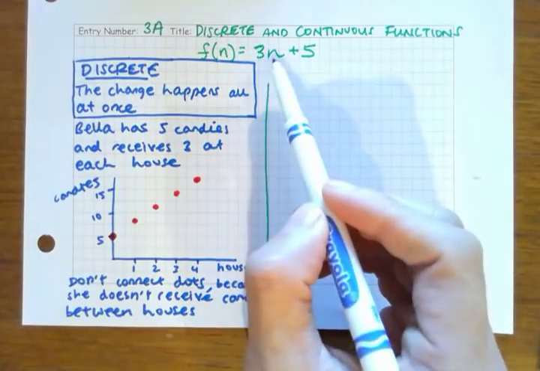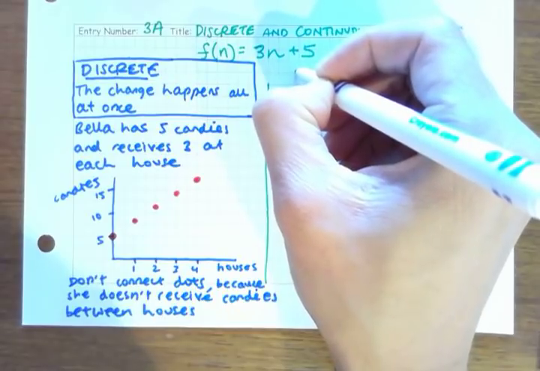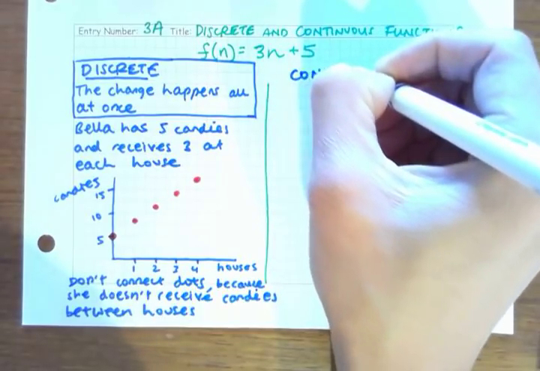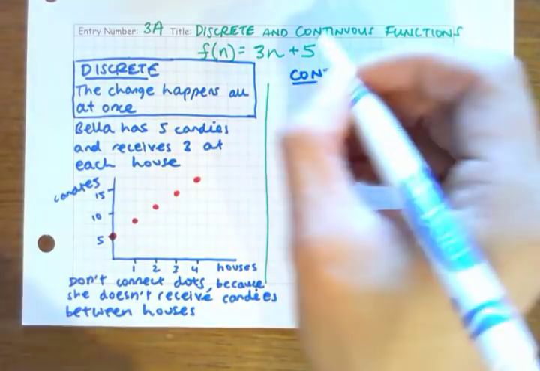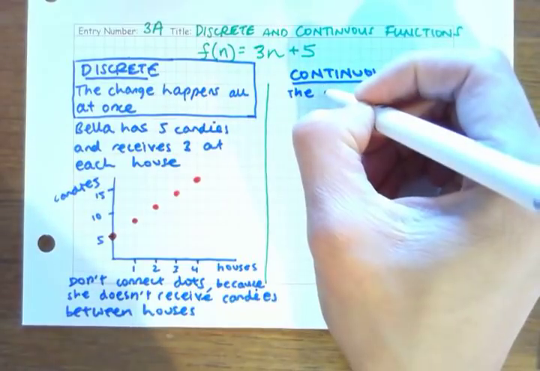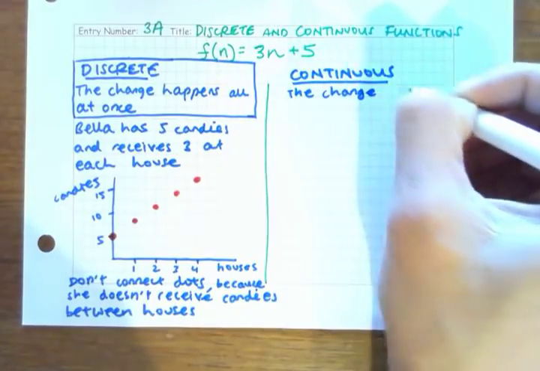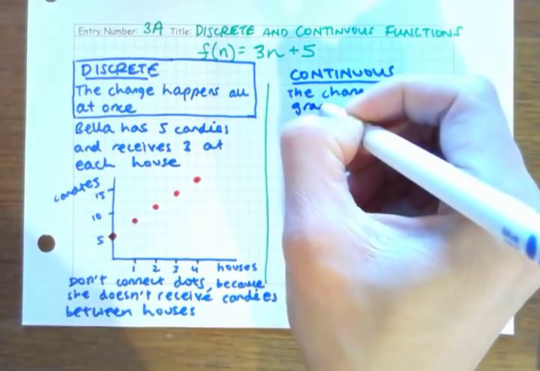Or this function right here, 3n plus 5, could be represented with a continuous situation. So continuous. And if a situation is continuous, the change happens continuously or gradually. So the change happens gradually.